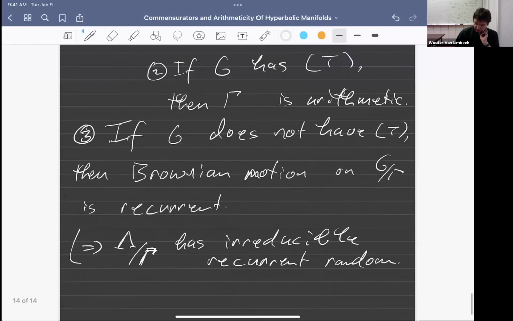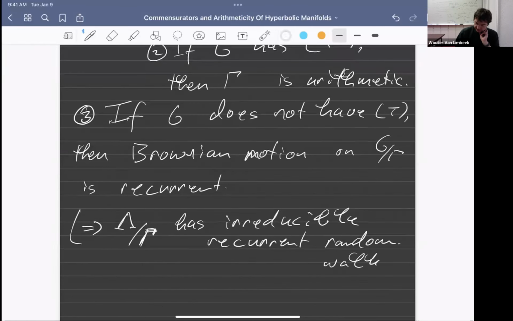So we would like to show, and I think it's fair to say that we tried quite hard to show, that this graph is finite. But somehow we cannot show that it's finite. We can only show that it has this recurrent random walk. So in some sense, it's small, maybe not finite, but at least not too infinite.